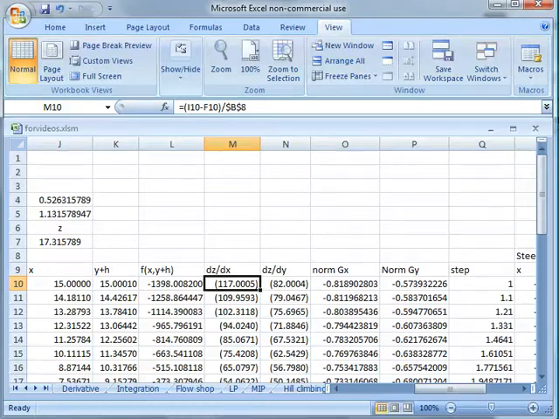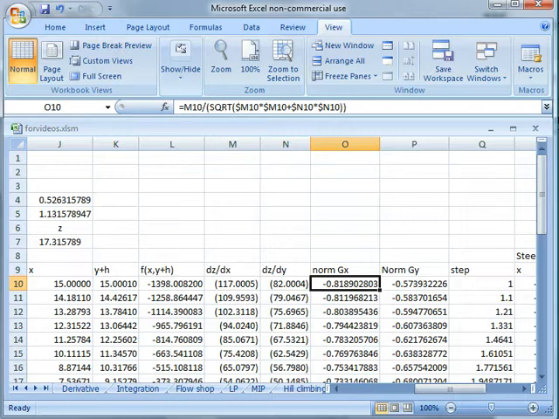That's the length of the vector is 1, and all we do is we apply our knowledge about vectors, which is dividing the length in the component x by the norm of the vector, and that gives us a normalized gx with negative 0.8189 for x and normalized g of negative 0.5739 for y.